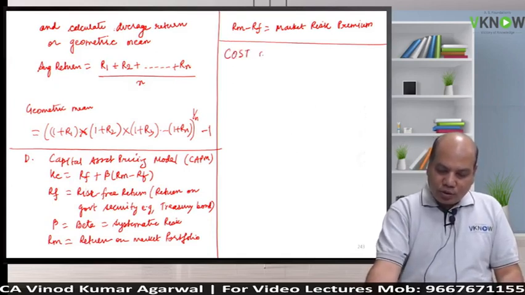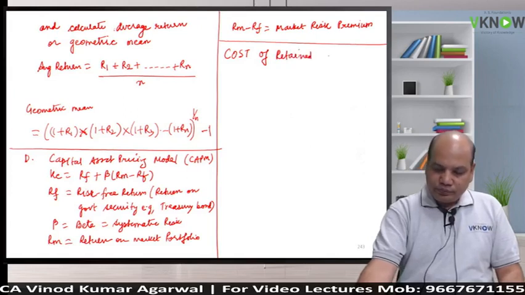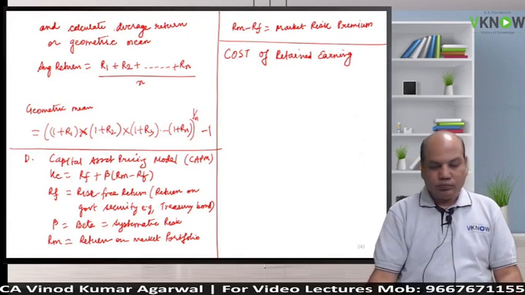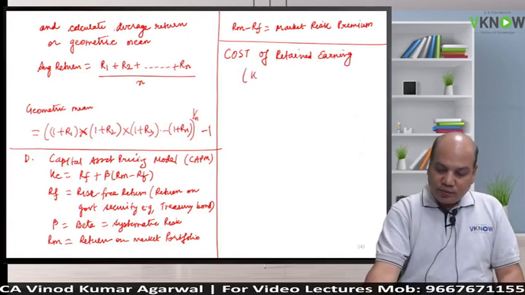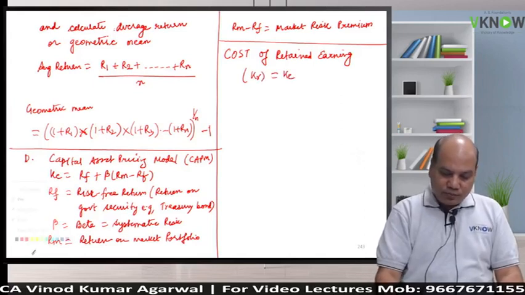Now write down cost of retained earning. Cost of retained earning, KR is equal to KE.